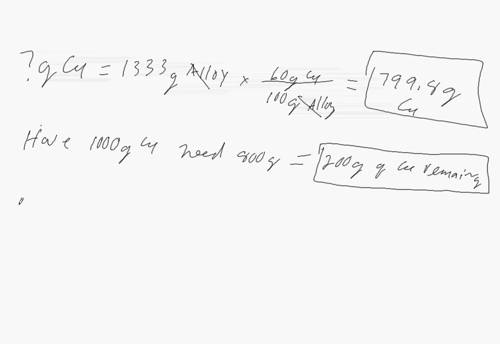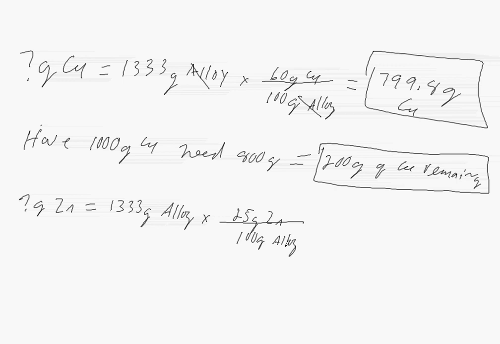Let's do it again for the zinc. How many grams of zinc is equal to 1,333 grams of the alloy? Well, we know from our relationship that for every 25 grams of zinc, I have 100 grams of the alloy.